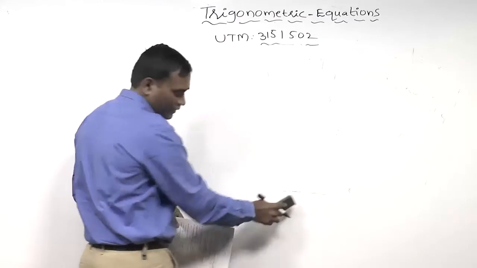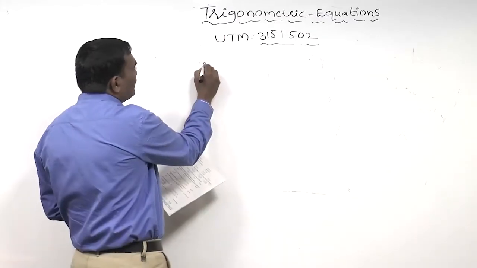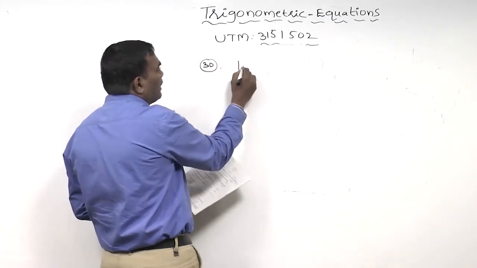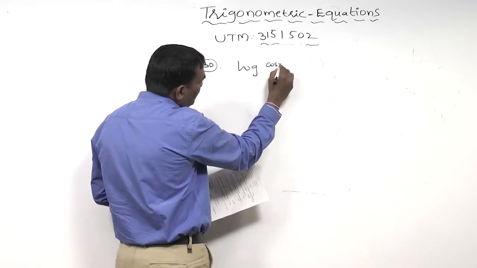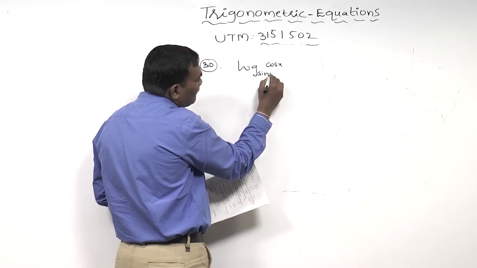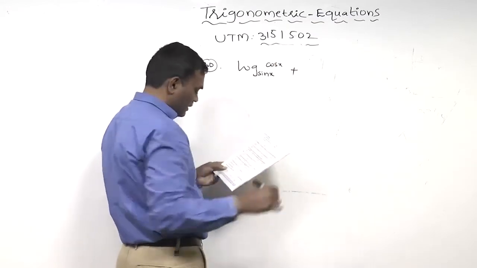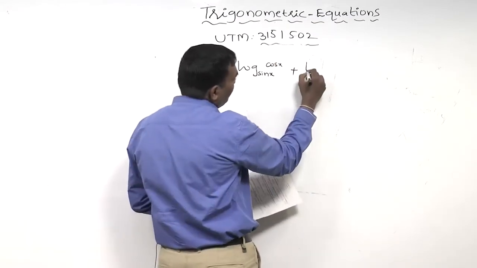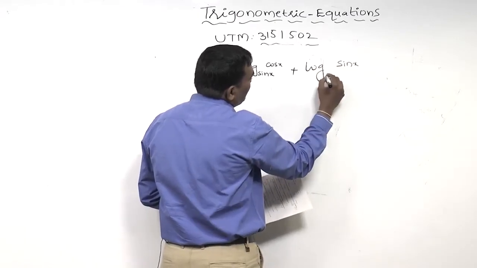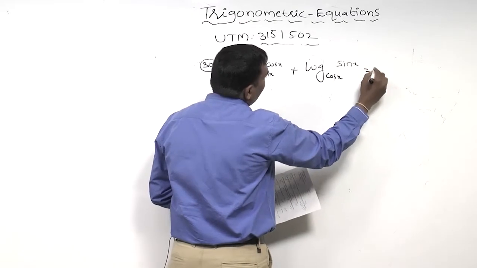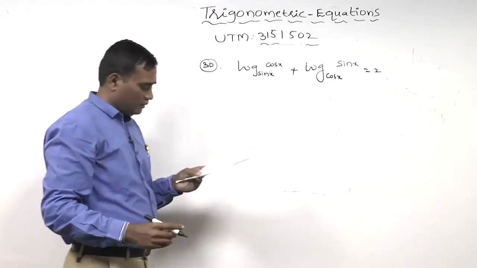I think that is the correct one. Here, 30th one: log cos x, here the base is sin x, plus here also log sin x to the base cos x is equal to 2.